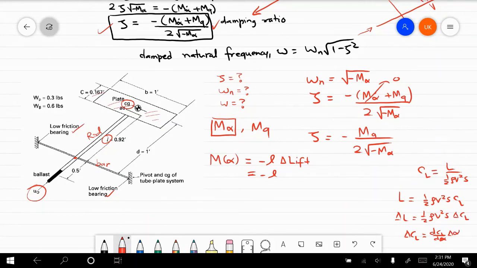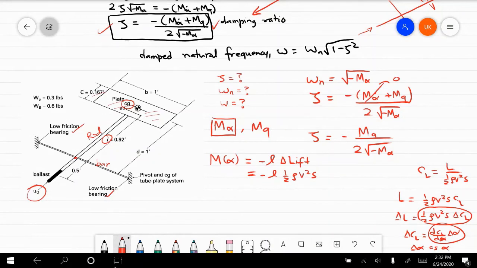Just to keep things simple, I'll write delta alpha as alpha, because we know that we are dealing with a change in the angle of attack. We're not really interested in finding the actual value of alpha, but just how its change is evolving with time. So we'll make this substitution with delta CL written like this. We will get half rho v square s.